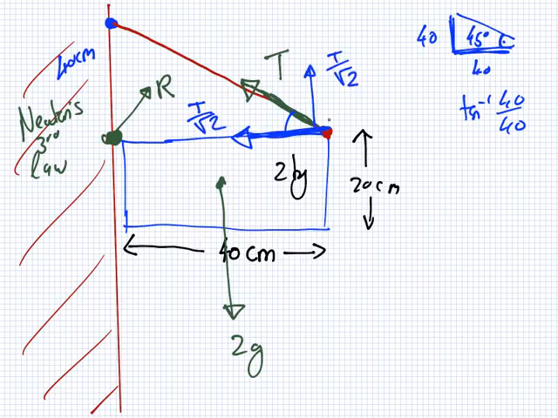Okay? Now what I'm going to do, I'm going to take this as the turning point. Why? Because I can, but I must use this as the turning point, so that you don't have to resolve for R. That's one reason, but there's even a better reason.